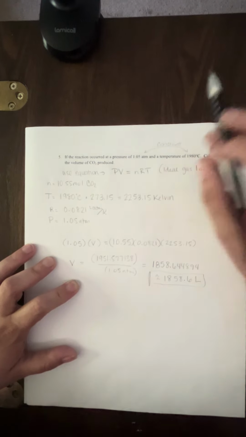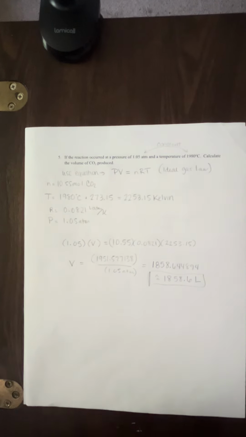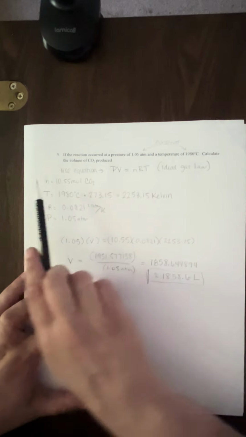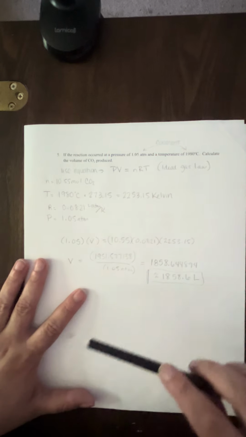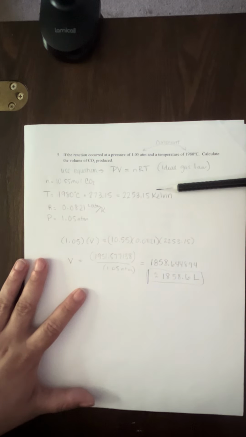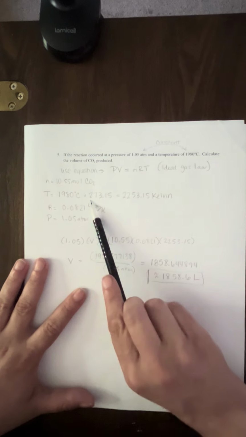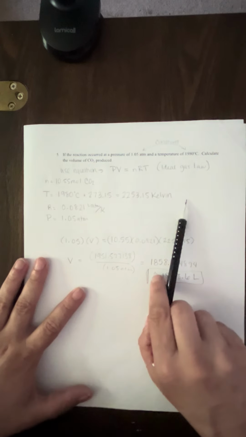Anyway, we're using this equation, and these are all of our values. n is 10.55 moles of carbon dioxide, which we had from the previous question. Our temperature is 2,253.15 Kelvin, and we get that by taking the temperature in Celsius and adding 273.15 to get our value in Kelvin.